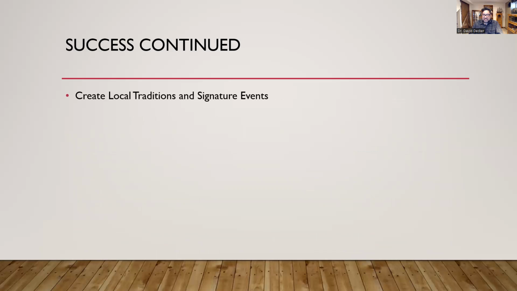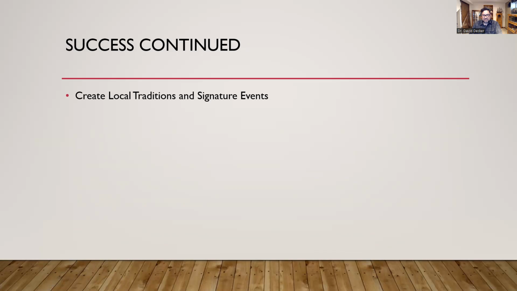Some more things to do that can definitely help you guarantee success is create local traditions and signature events. What I would say around this is that they like tradition, like the fact that we're having an event annually where all of the alumni and expatriates in London, say, get together, and this is our signature event.